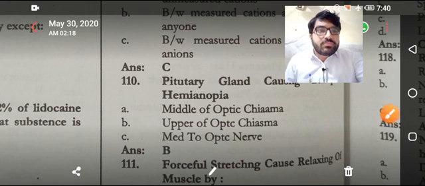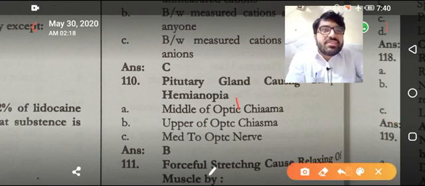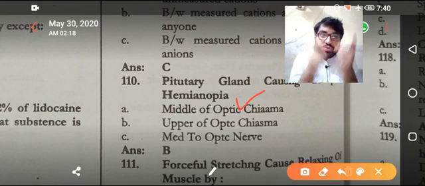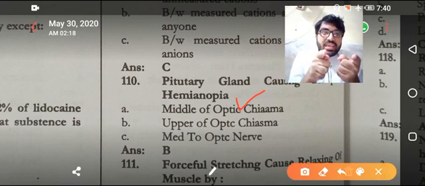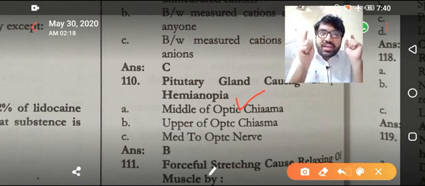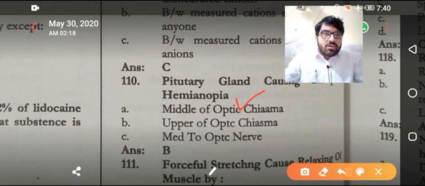Now next, MCQ 8, that is the middle part of the optic chiasma, or the central part of the optic chiasma. Now there is another MCQ. They gave you pituitary gland, but they gave you binasal hemianopia, not bitemporal. So they are actually confusing you. You have these side fibers.